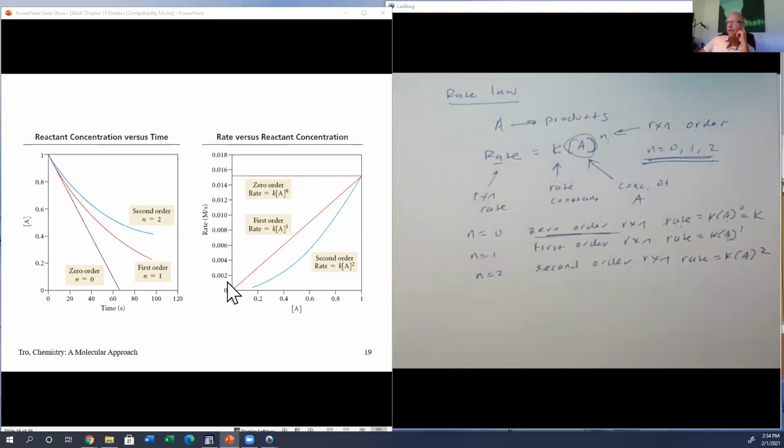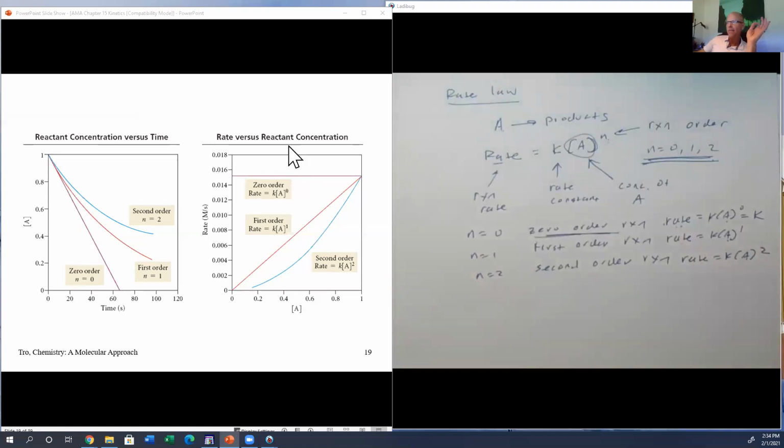So basically what we're looking at here is the concentration versus time. And here we're looking at the change in the concentration versus A, right? We're looking at, not the rate versus time, the rate versus concentration, right? So I'm looking at the slope of this line as a function of A, right down here. So here's the point. And don't get too tripped up by this, but I just want you to see this.